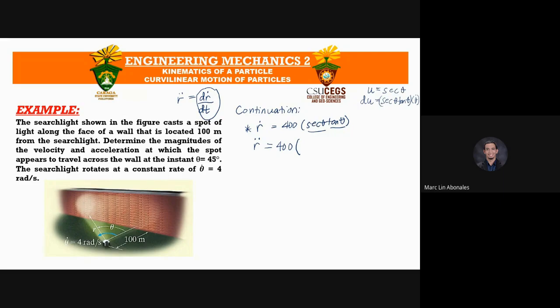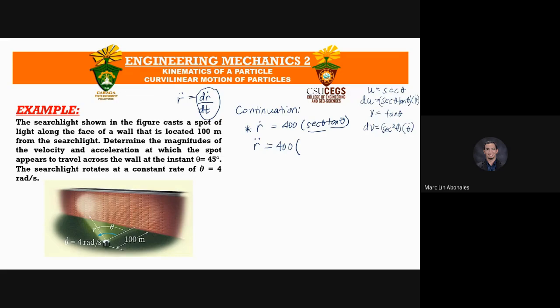So mo nang theta dot na to. Then ang v is tangent theta. Some derivatives sa tangent, if you still remember your calculus, that is second squared theta. Diba? You have like a table for that to familiarize the derivatives of different trigonometric functions. So the derivative of tangent is second squared theta. Then ang derivative sa theta is theta dot mismo. So that is second squared theta times theta dot.